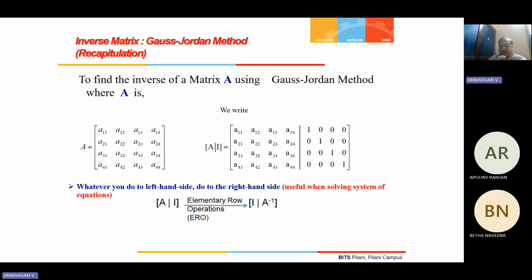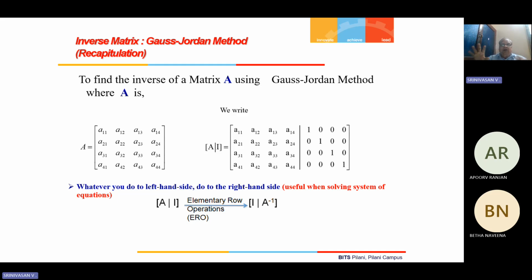This is very important: to find the inverse of a given matrix using the Gauss-Jordan method, you consider the augmented matrix [A | I], because inverse finding is related to your product A into A inverse equal to I. So that gives rise to considering an augmented matrix [A | I]. A is your matrix given, I is the unit matrix.